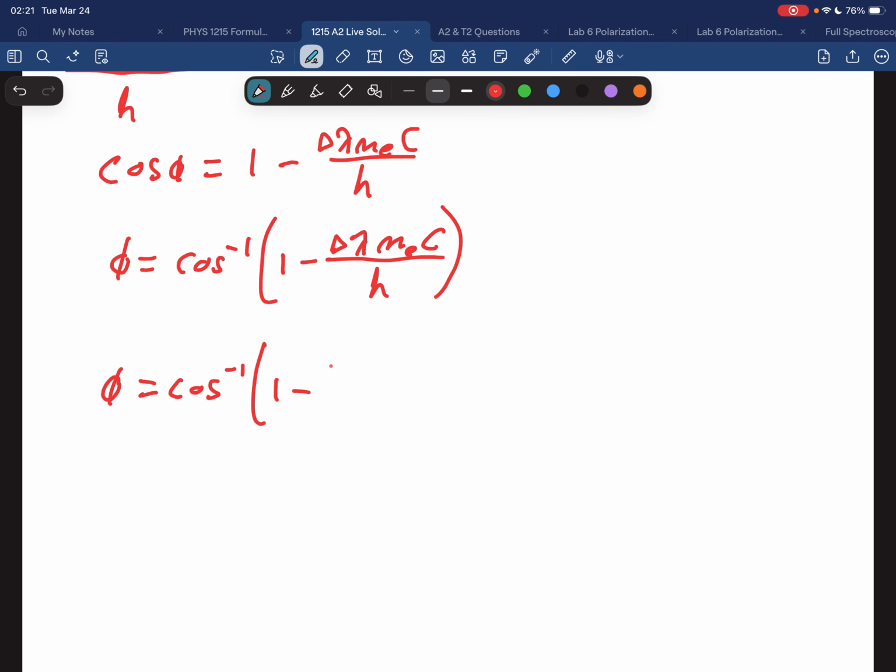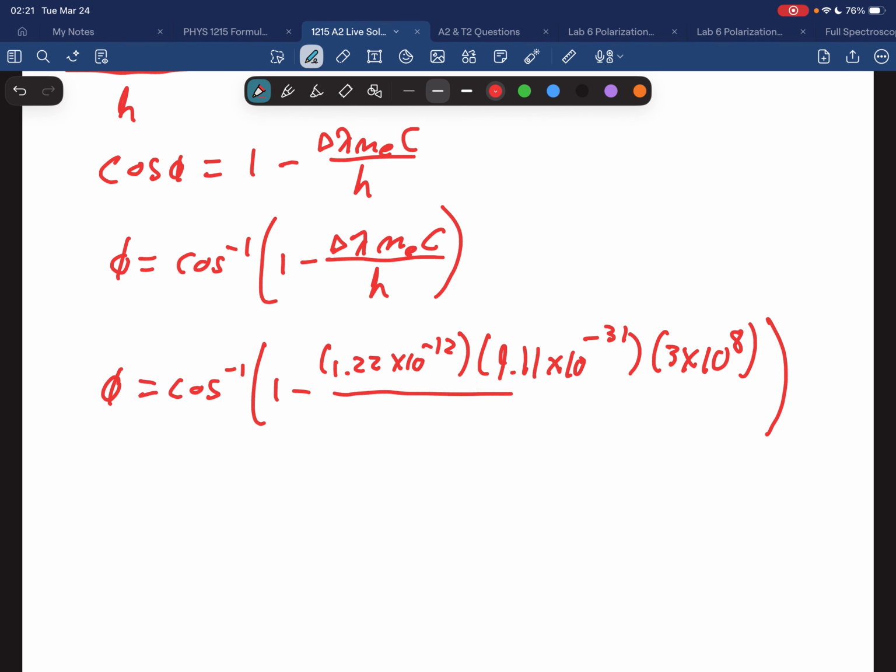Our wavelength was 1.22 times 10 to the negative 12 meters. Mass of the electron, 9.11 times 10 to the negative 31 kilograms. Speed of light, 3 times 10 to the 8 meters per second. All over Planck's constant of 6.626 times 10 to the negative 34 joule seconds.